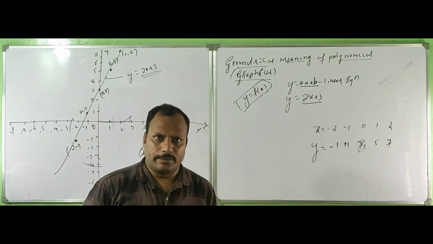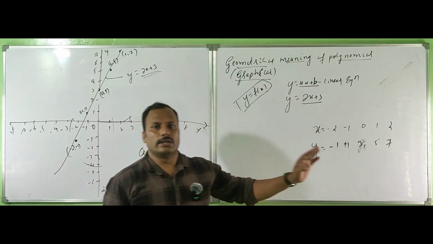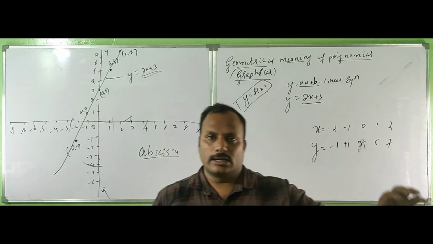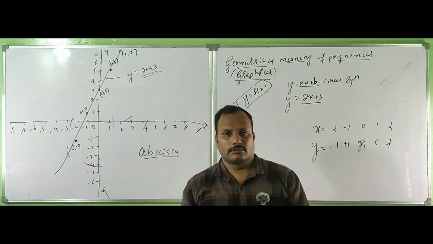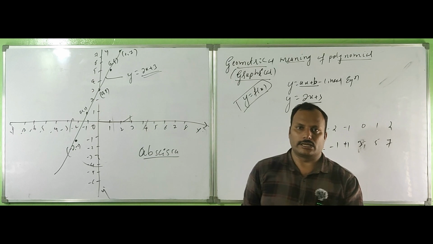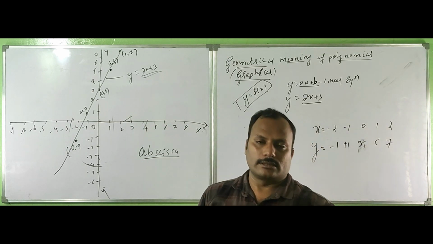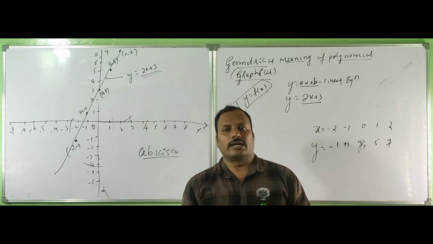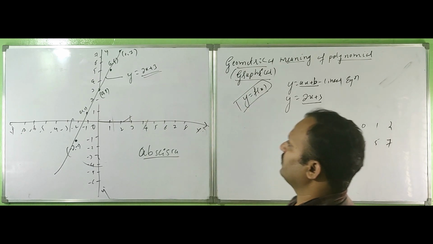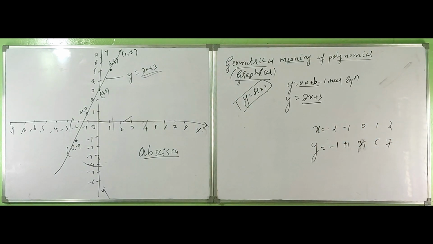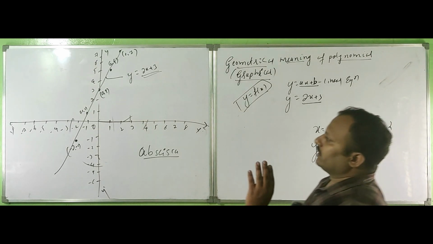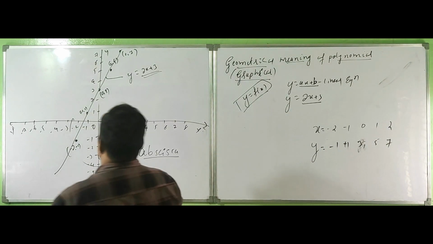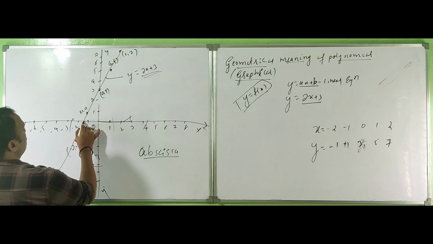See, for any linear equation, we will get only a straight line. That is called linear. Linear means straight. For degree 1, you will get a linear equation. We have only one zero of the polynomial. That zero means where it cuts the x-axis.